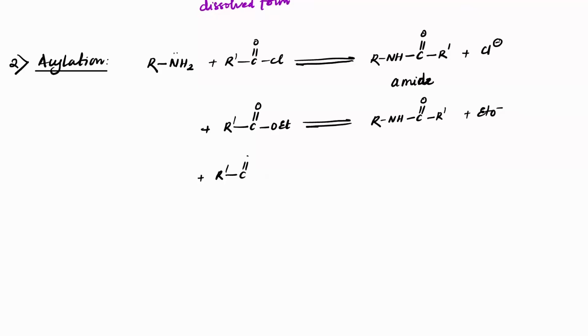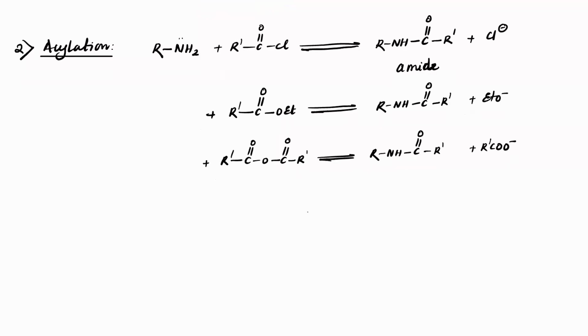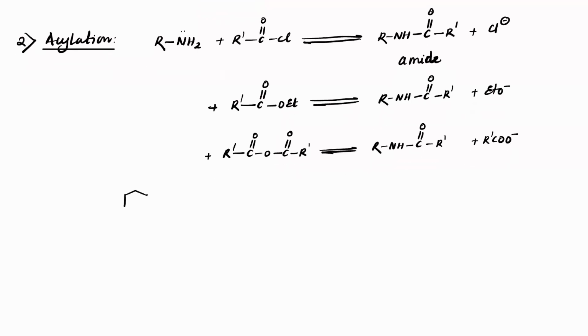These are all acid derivatives, so they react quite easily. So we'll get RNH-C(=O)-R', and here we'll get R'COO minus. This way you can get acetylation done. And this is not just for alkyl, you can have an aryl group also, which we learned just now. If you have (CH3CO)2O, this is acetic anhydride.